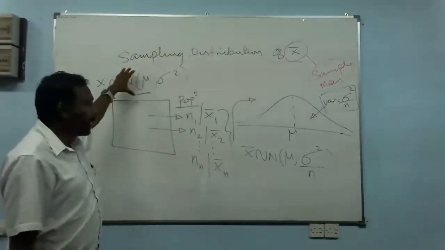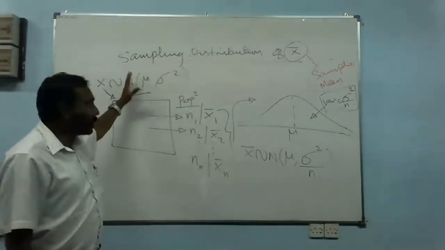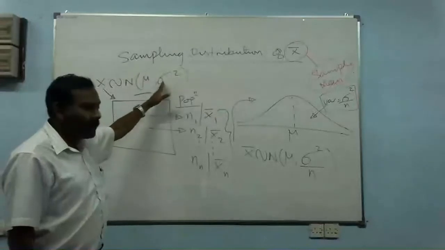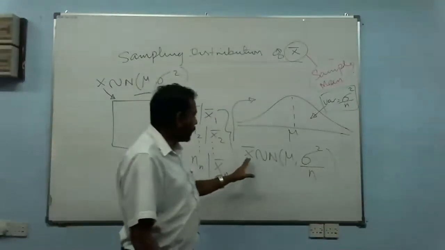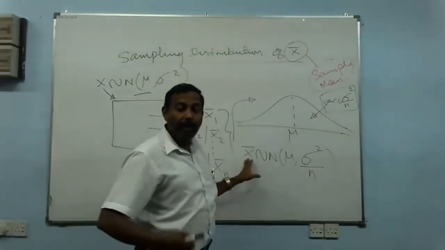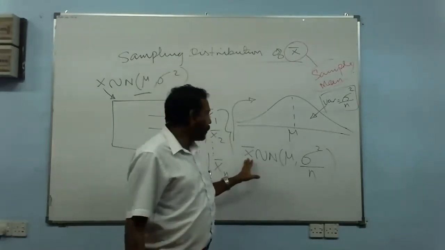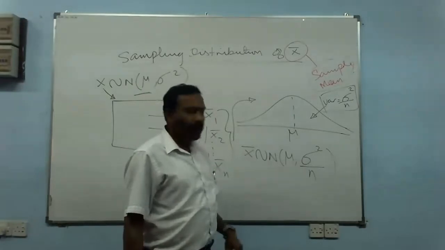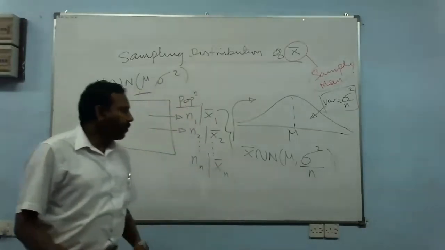So this is the parent population, distributed normally with the mean mu and the variance sigma square, whereas the x bar, the sample mean, is distributed normally with the mean of mu and the variance of sigma square by n.